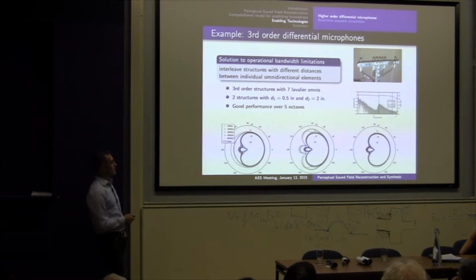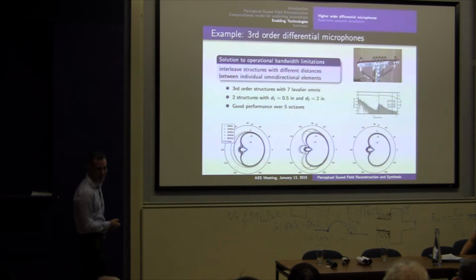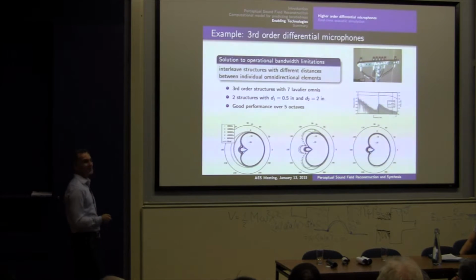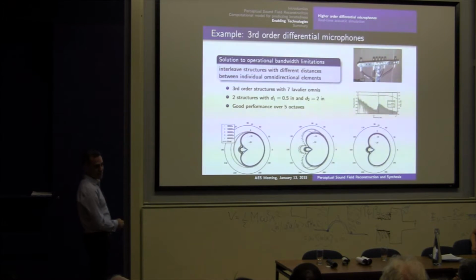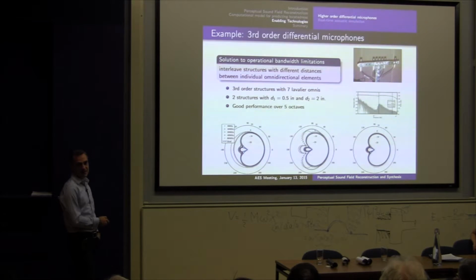Enzo built a prototype and did all the measurements. So this is the prototype that we built, and these are measurements with that prototype showing fantastic characteristics over 5 octaves.